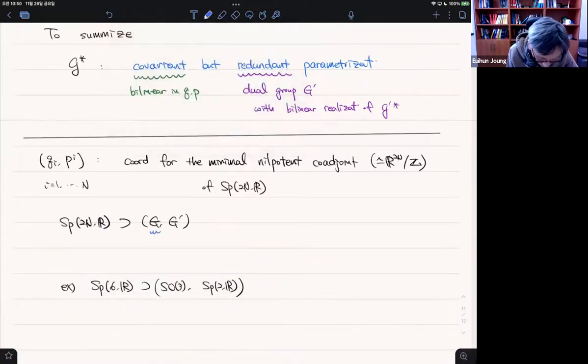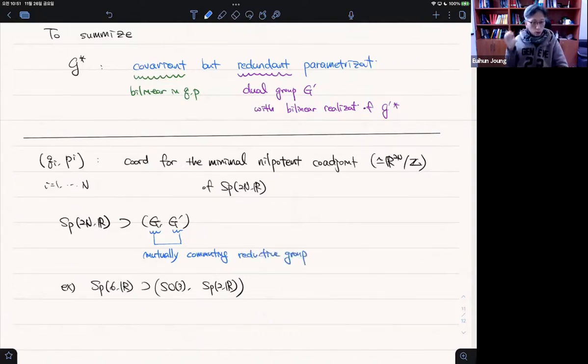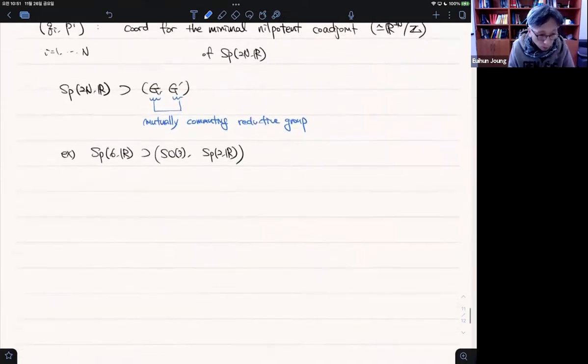So these are mutually commuting reductive groups actually. For the correspondence to work, we need to have these reductive groups.